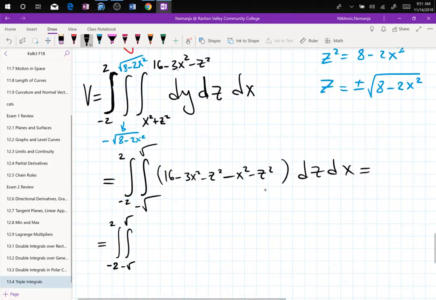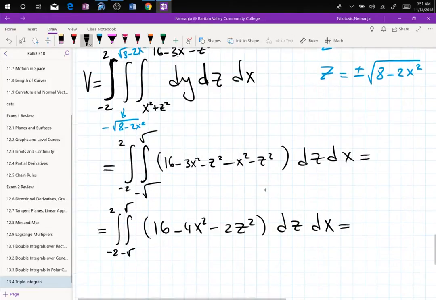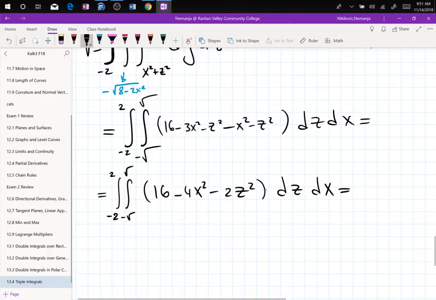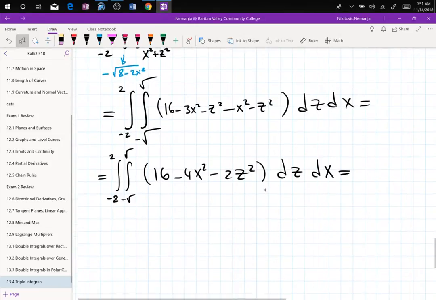We'll go back and pick up 8 minus 2x squared. What do I have here? I have 16 minus 4x squared minus 2z squared dz dx. This looks awful, right? But guys, you have squares over here and you have square roots. That stuff is going to cancel. Don't panic prematurely, please. It's going to be great. Maybe. I don't know. We'll see.